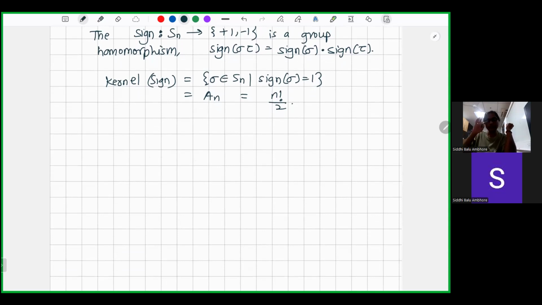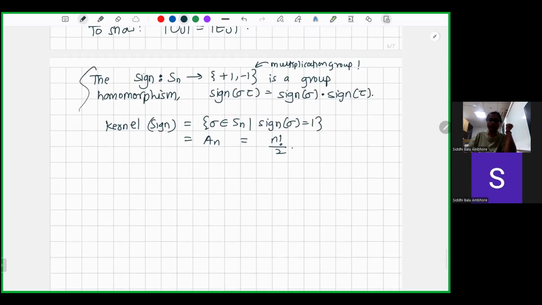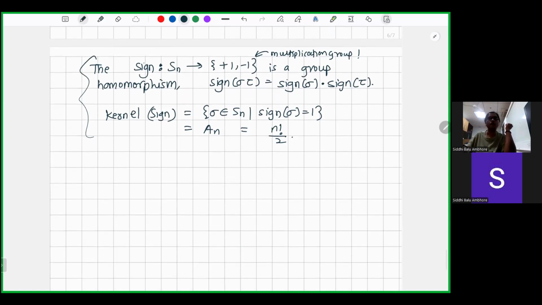So this is just for understanding that the sign function is a group homomorphism, and it follows this property, and its kernel is An.